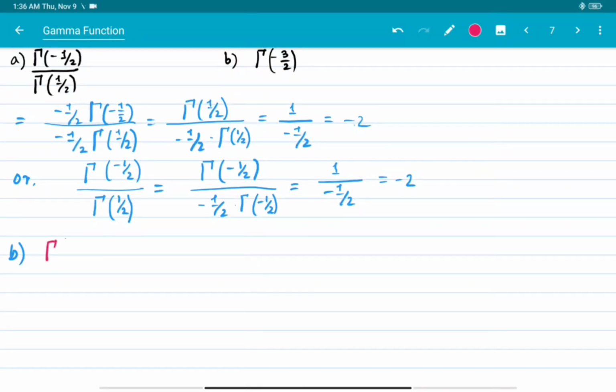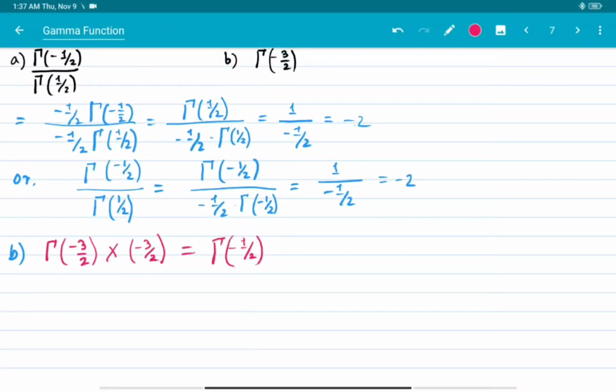Gamma of minus 3 over 2: I multiply by minus 3 over 2 here and balance this out, so in such a format this is gamma of minus half.